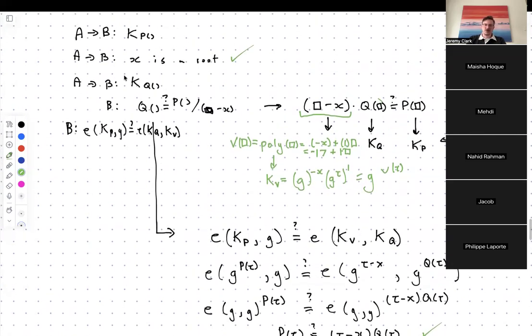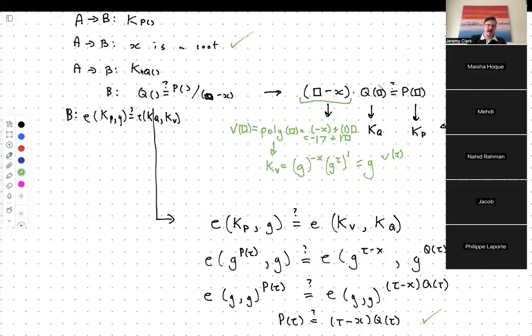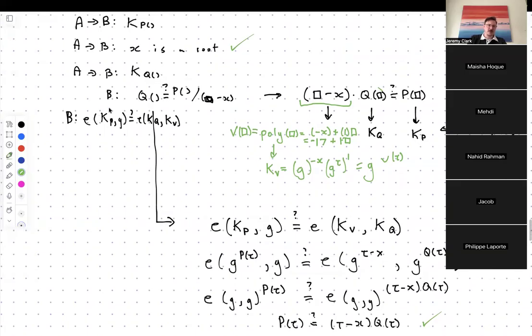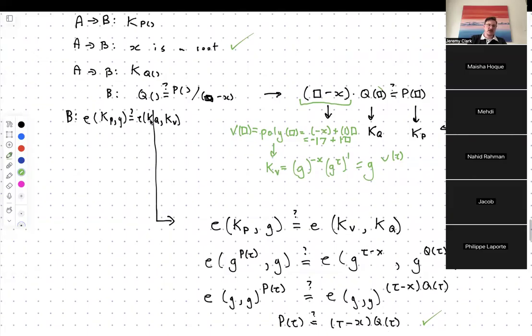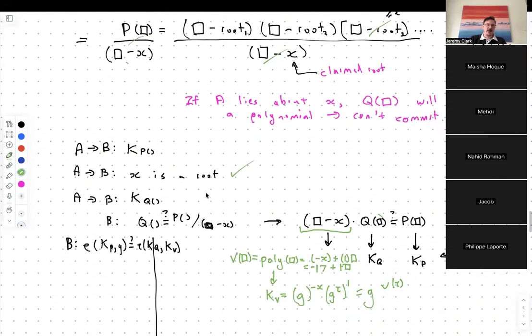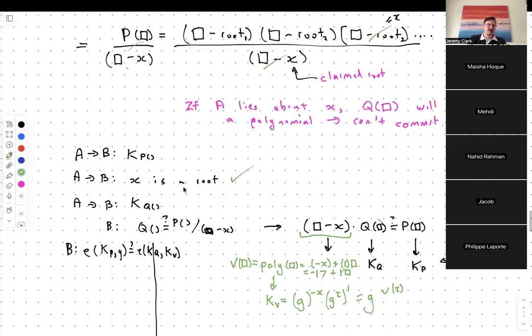So by doing this third step where I send you the value of Q as a commitment, you just check whether the pairing of the commitment to polynomial P with G is equal to the pairing of the commitment to the polynomial Q and the commitment to polynomial V. If that pairing check holds, these two values are equal, then you're satisfied that this value X is a root. So this statement is correct. And if the statement is incorrect, it's not actually a root, then something's going to break down with overwhelming probability. You won't be able to do this check.